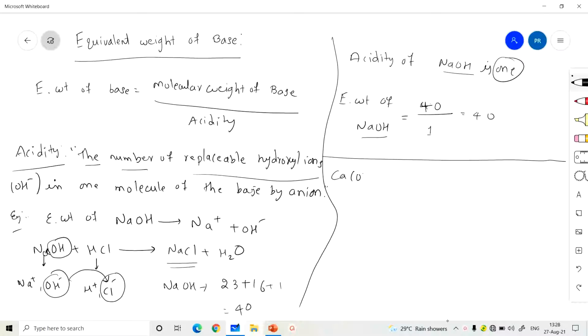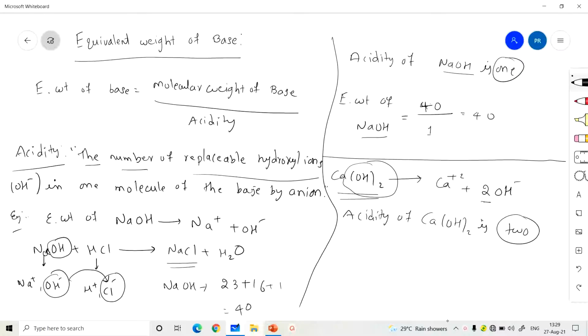Next, another example: calcium hydroxide. Calculate the equivalent weight of calcium hydroxide. If you write Ca 2 plus, 2 OH minus, the number of replaceable hydroxide ions is 2. So directly we can say the acidity of calcium hydroxide is 2.